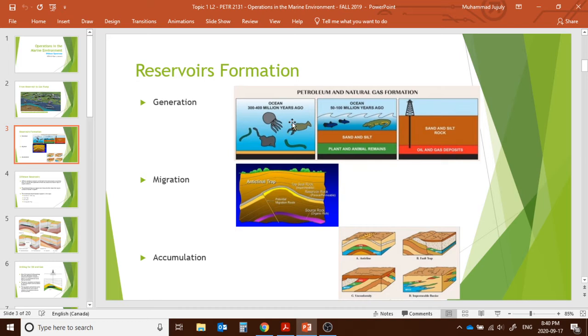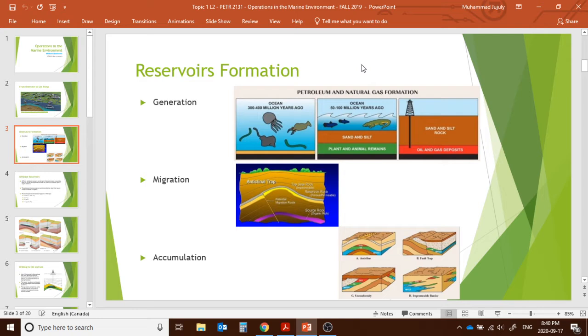Lots of sea creatures, land creatures, even dinosaurs on the land, and in the ocean we had lots of planktons, from tiny types of planktons to huge mammals.